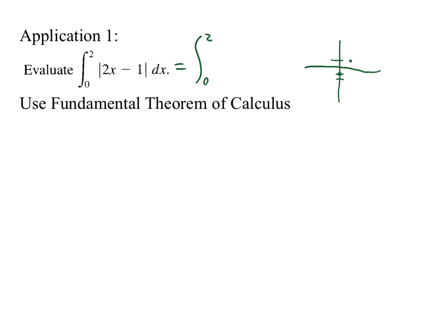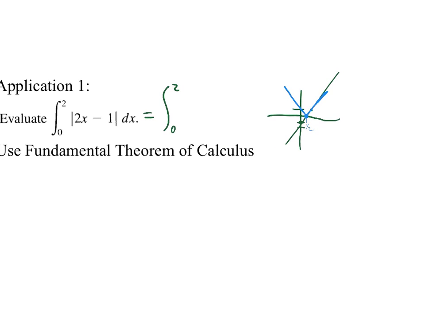Okay? So the line would look like this without the absolute value. With the absolute value, right here it's going to bounce back up. So that's the absolute value that we're looking for. Where does it hit that x-axis? At 1/2. Okay, half of 2 is 1 minus 1 is 0.